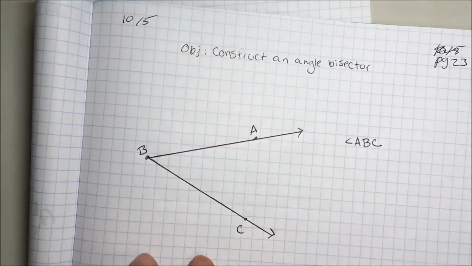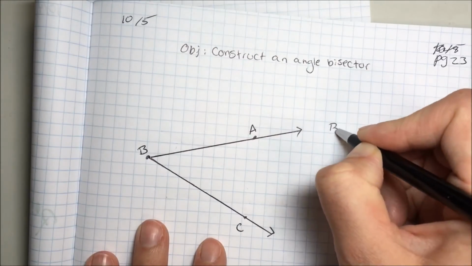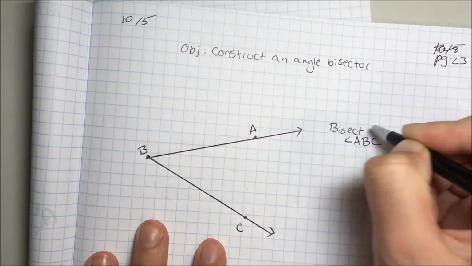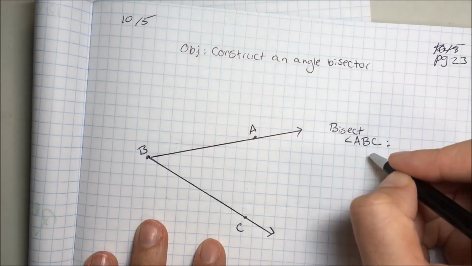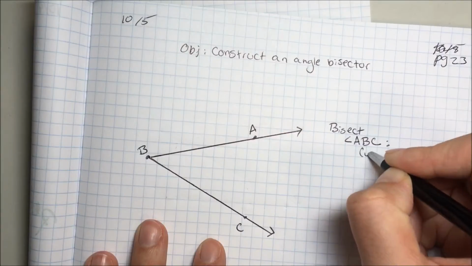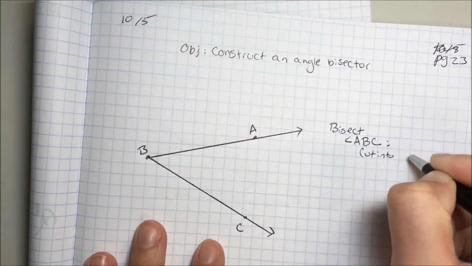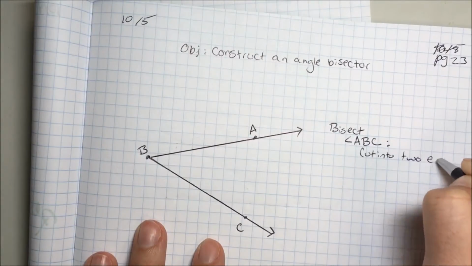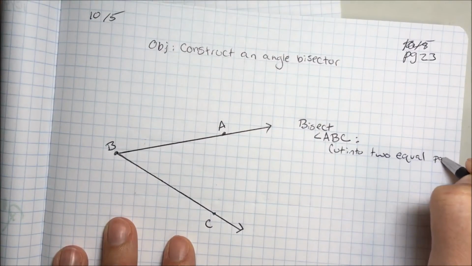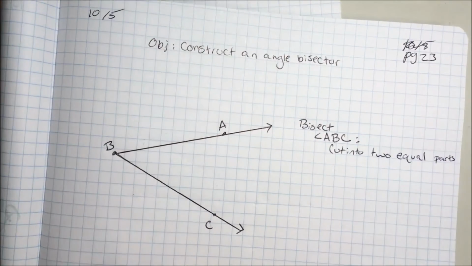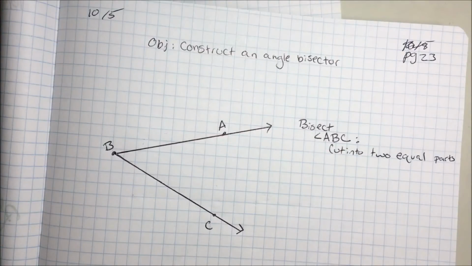Okay, I'm going to bisect this angle. And what does bisect mean? Bisect means to cut into two equal parts. My handy dandy compass for this activity.